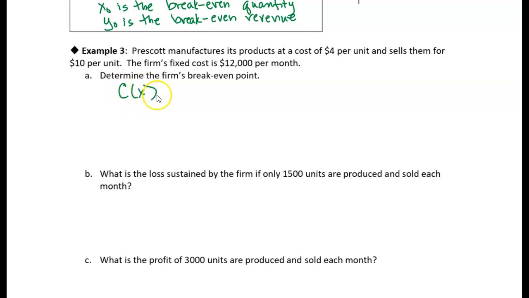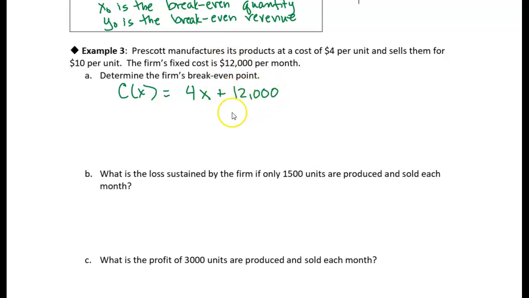Let's first of all find the cost function for this company, because it says that they're manufacturing their products for $4 a unit. So we're going to multiply that by the number of units produced, and they have a fixed cost of $12,000 a month.